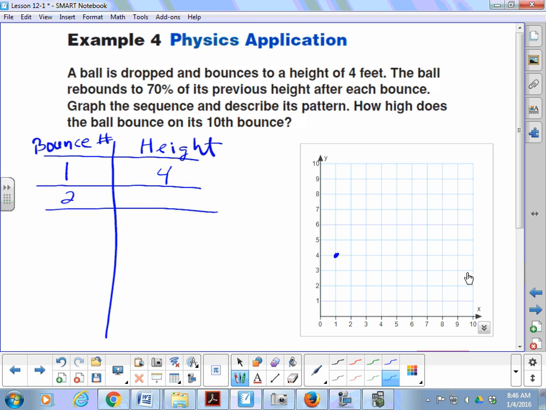All right, so how do we get the height of the second bounce then? So where's it going to end up on our graph? And how do we figure that out? So if it only comes to 70% of its previous height, what do I have to do with the 4 and the 70%?